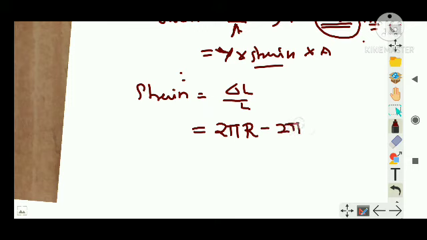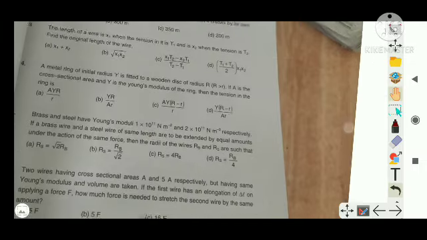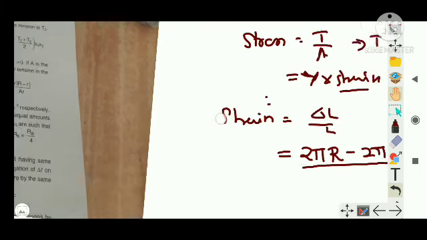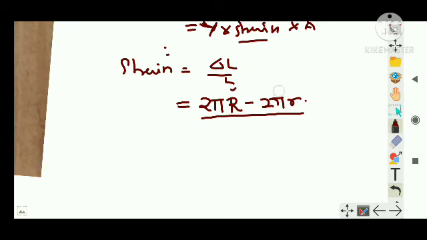The metal ring of initial radius r is fitted into a wooden disc of radius capital R, which means you want to increase the radius of the ring to the wooden disc radius so that it fits. So you have a length change of 2 pi (R minus r), divided by its original length 2 pi r, so I can write this as capital R minus small r by r.